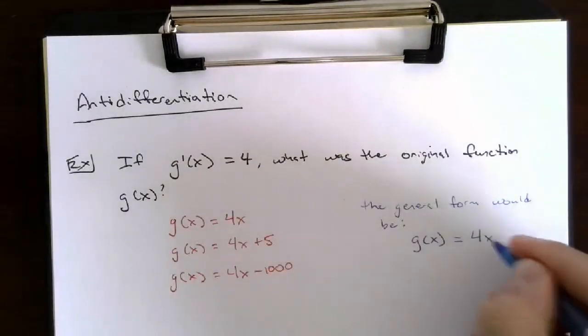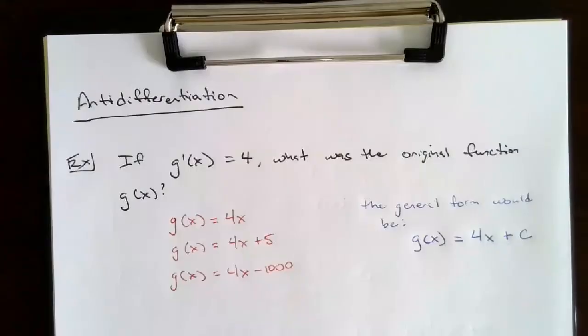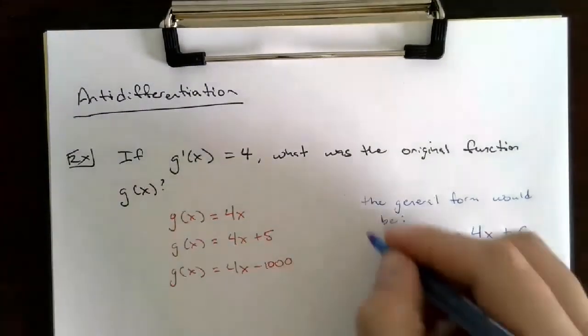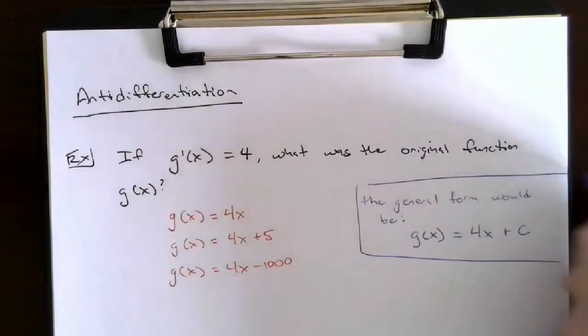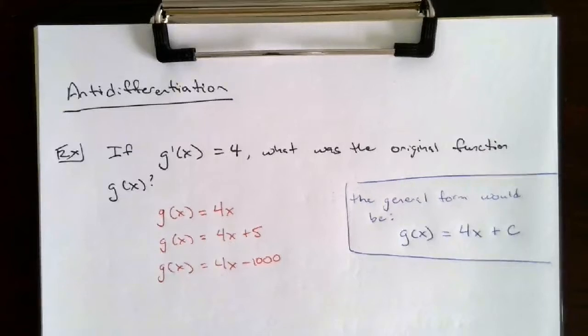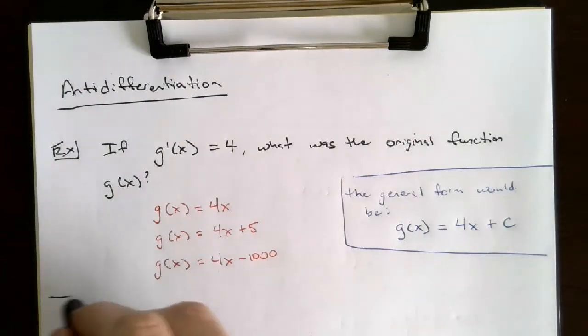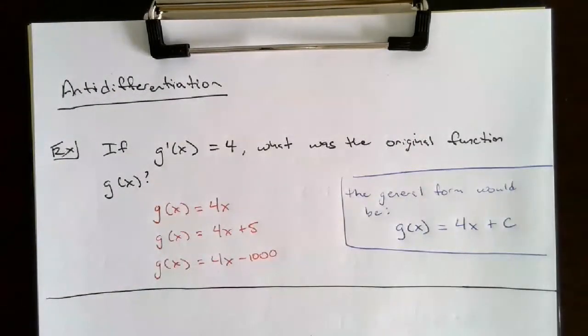We have 4x in all of them. And then what we do is we write plus c. The plus c means plus a constant. We just don't know what the unknown constant would be. So that's what that really is showing us. So g of x equals 4x plus c.